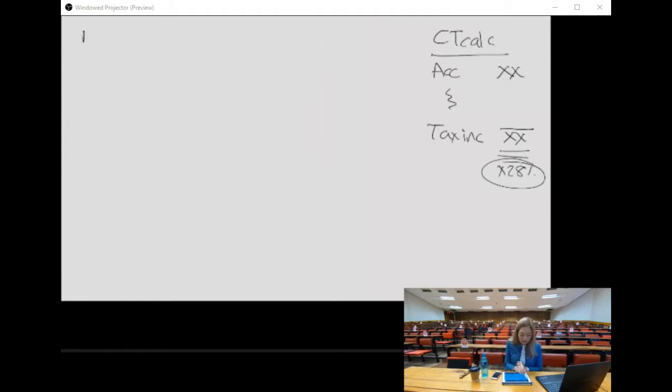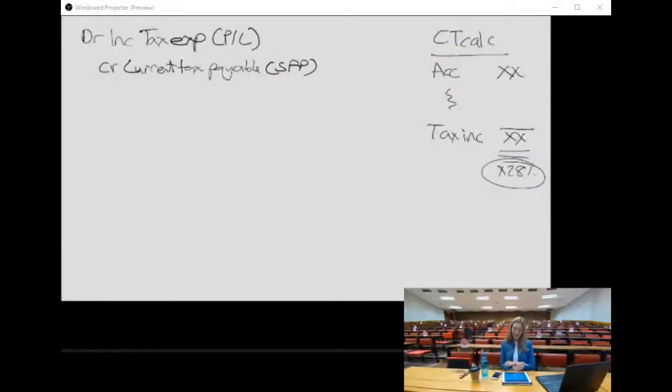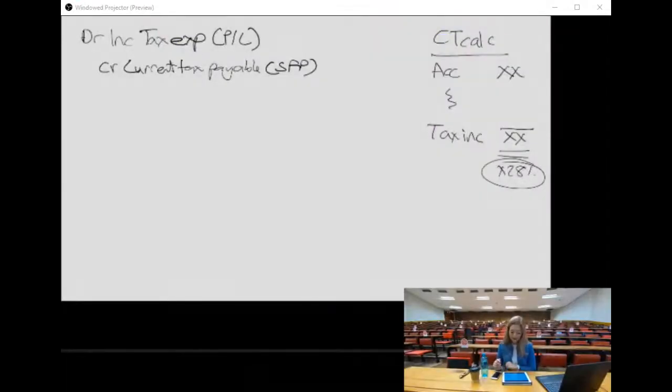So we do a journal where we debit the income tax expense in P&L, and we credit the current tax payable in SFP. So that's normally the journal that we do for current tax.